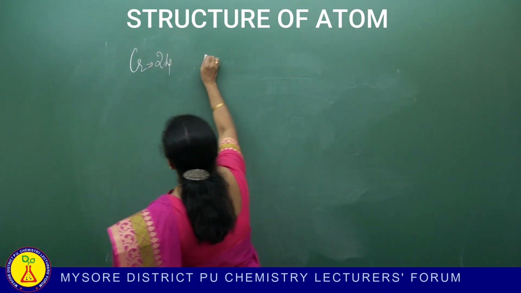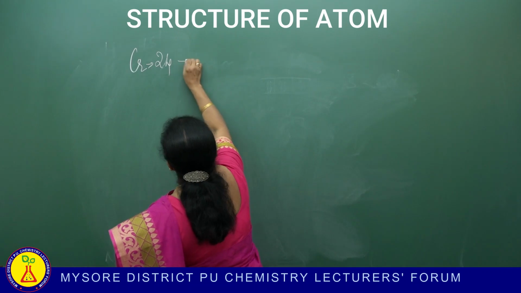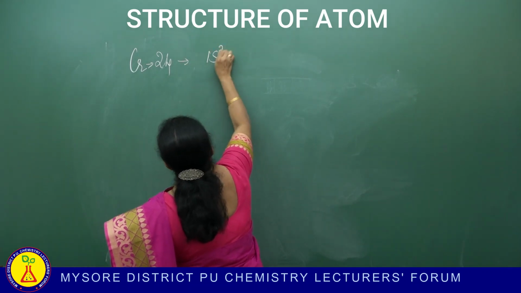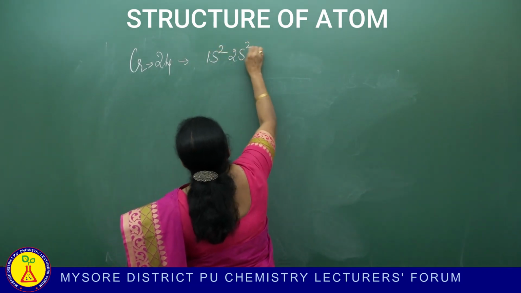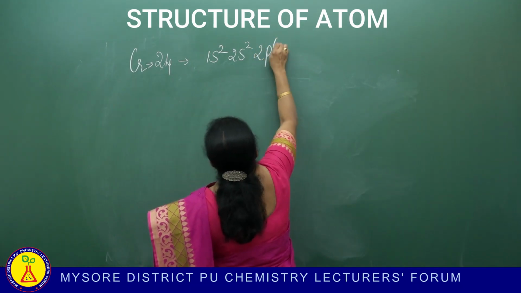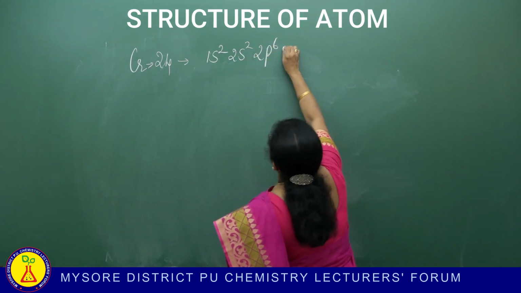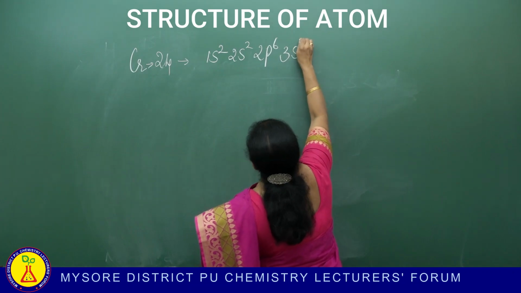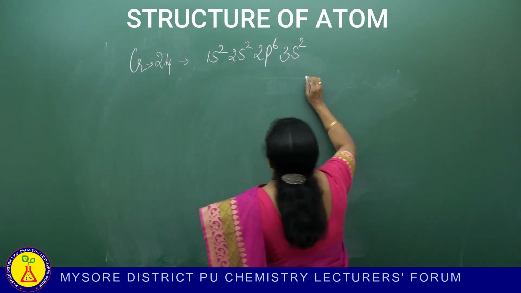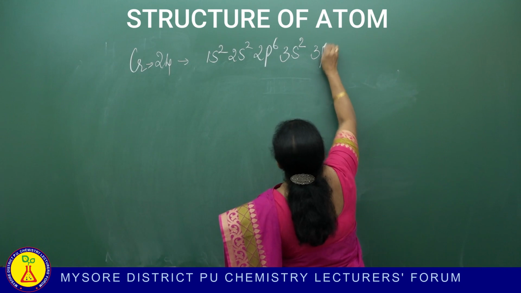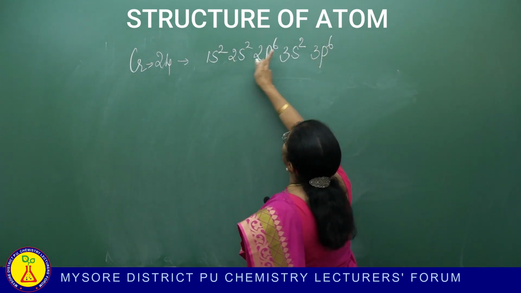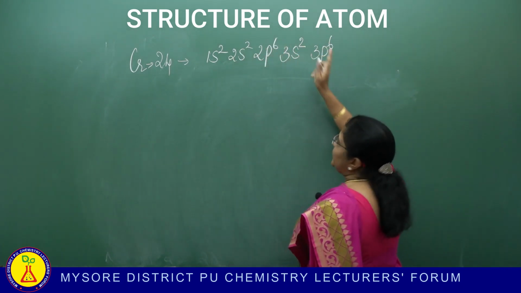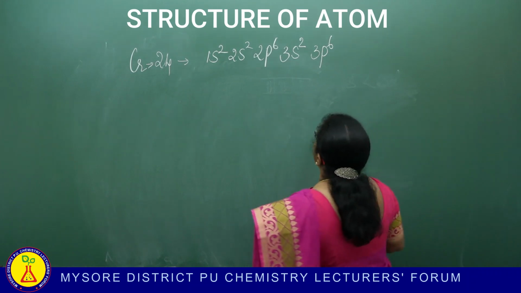So when I write the electronic configuration, what will it be? 1s2, 2s2, 2p6. So you have 10 electrons, then you have 3s2, 3p6, so it is going to be 18. So 6 more electrons we have.